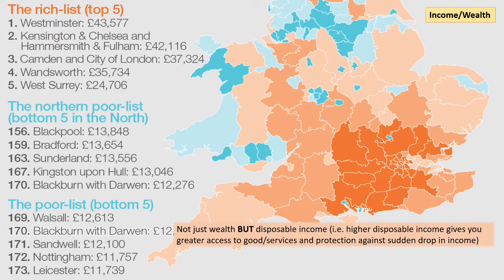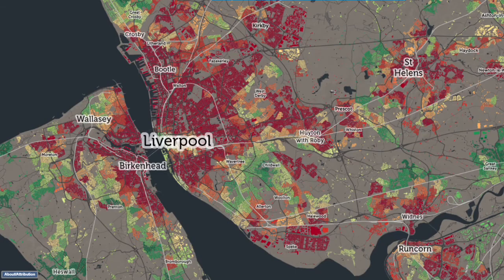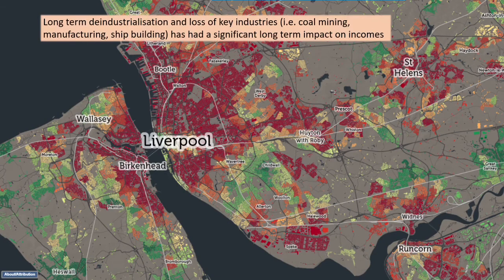We have to see a correlation between some of these deindustrialised areas where key industries like coal mining, manufacturing and shipbuilding have disappeared, and therefore the jobs have disappeared, and therefore there's been a massive impact on incomes. Because there are lower incomes, these people are going to suffer more of the consequences.